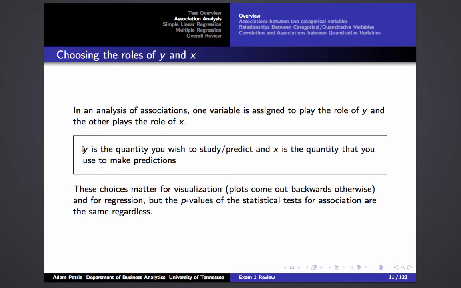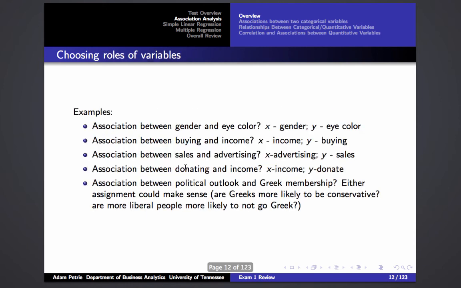To remember which is which: Y is always the quantity of interest, the thing you're really studying and wish to predict. X is the quantity you're using to make those predictions.